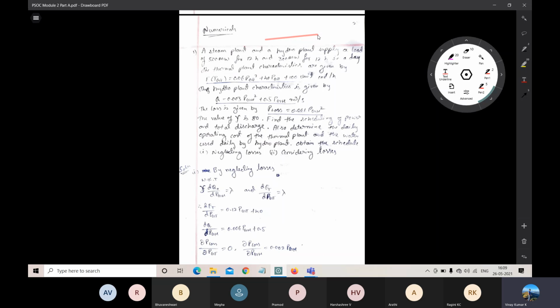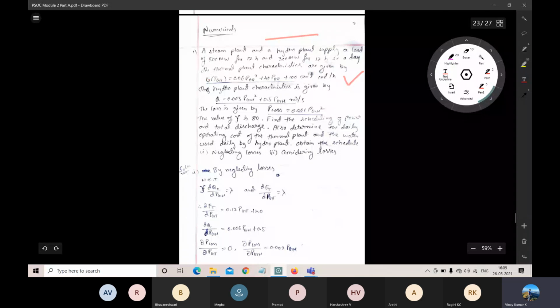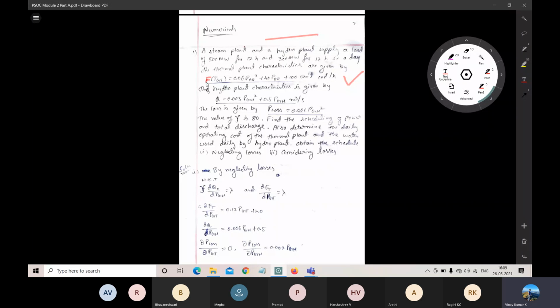And here we have some plant characteristics. The plant characteristics are f of PGT. So this is the characteristic equation, from which we can find the amount of power generated, or also the production cost. So f of PGT is equal to 0.06 PGT square plus 40 PGT plus 100 rupees per hour.